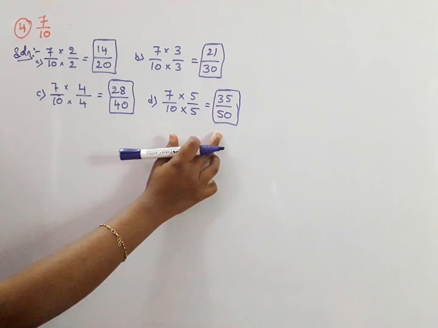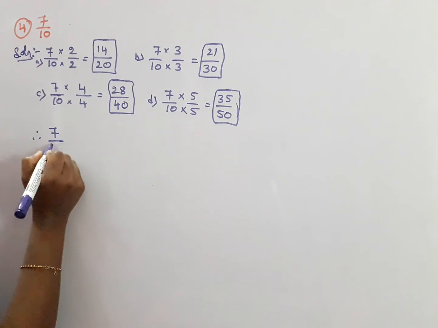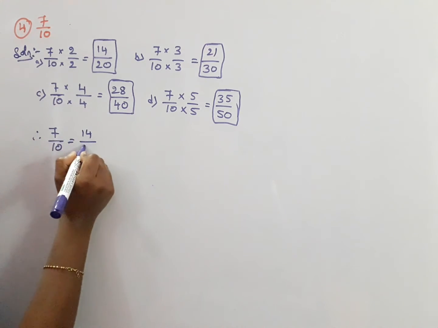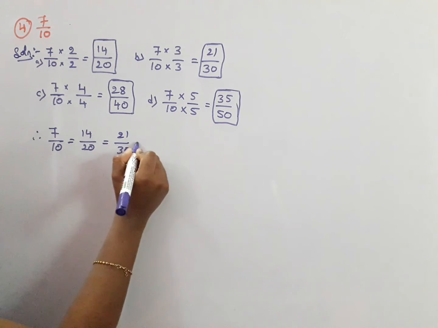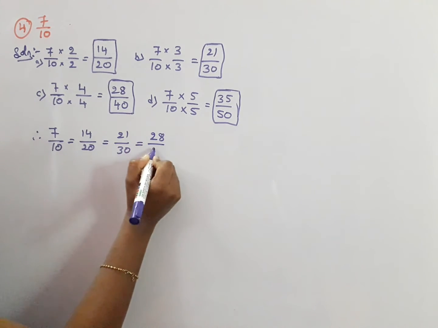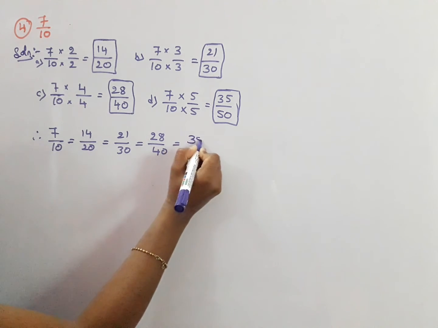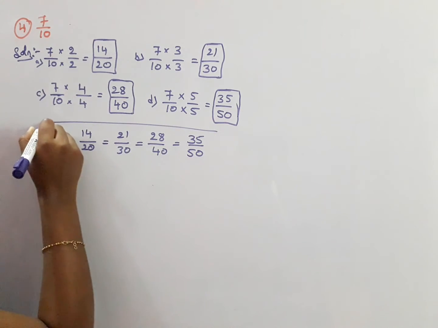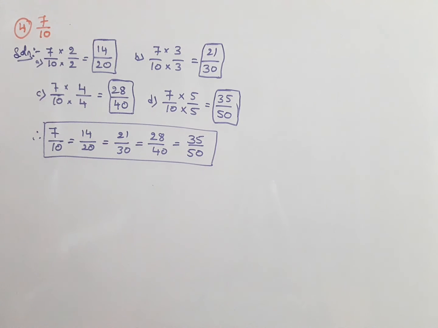This is the fourth equivalent fraction of 7 by 10. So here write the equivalent fractions of 7 by 10: the first one 14 by 20, the second one 21 by 30, the third one 28 by 40, then the fourth one 35 by 50. This is the answer.